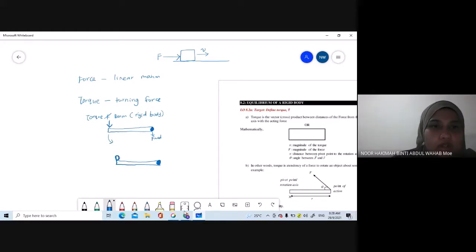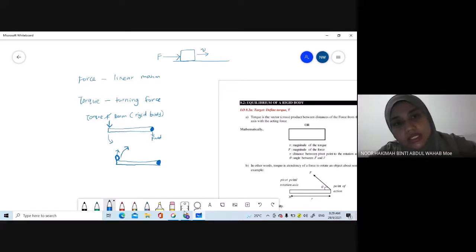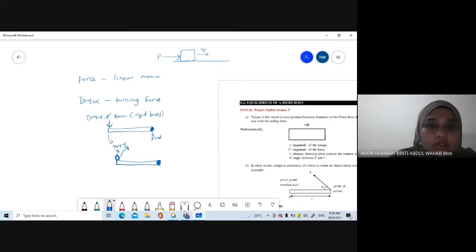Whenever you pull or open the door, you pull this door knob, so the door will be rotating in this manner. This we call rotational motion. The force here is actually the torque that is given to the door. So this is the case for the door.